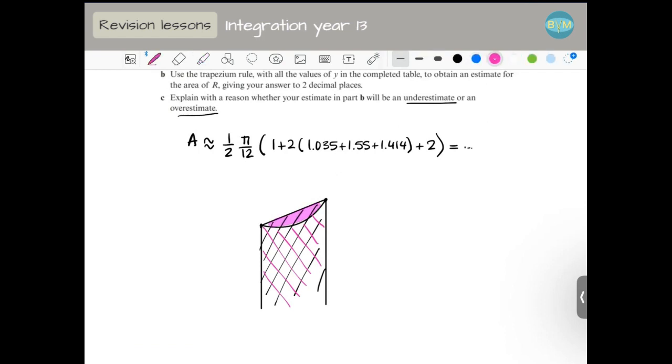So it's an overestimate, because your curve is convex. If you say that it's convex, that's perfect, or if you do a little drawing, it's important that you picture that. Every time your curve is convex, we are cutting with a straight line, so our trapezium is going to be slightly larger than the actual area. Does it make sense for everyone? Okay.